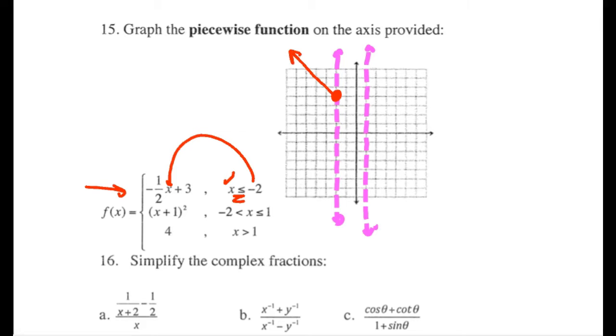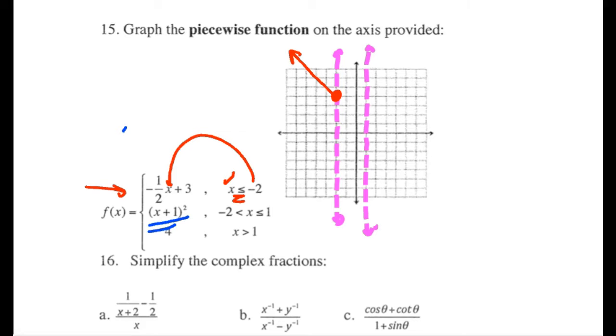It would have been sailing through right like that. So first one's done. Next one is a parabola that opens up, but it doesn't open up from 0, 0 like this one does. It opens up from -1, 0. Sorry, 1, 0. So we're going to have a parabola in between there.